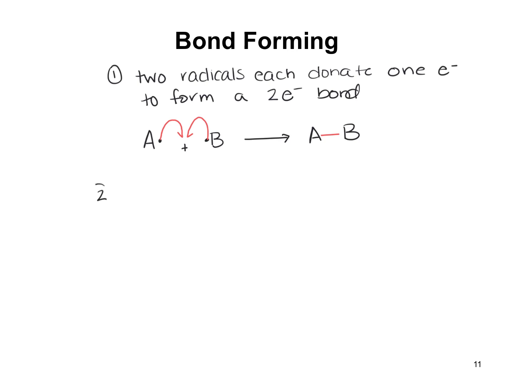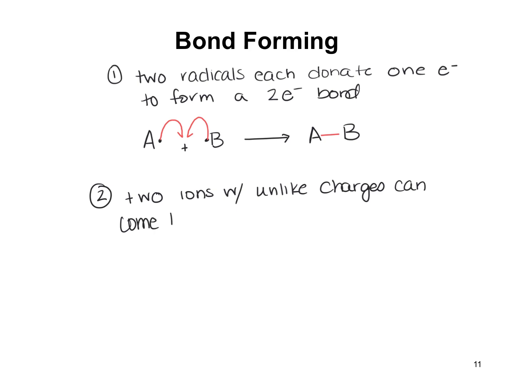The second way that you can form a bond is that you have two ions with unlike charges that can come together, with the negatively charged ion donating both electrons to form the 2-electron bond.